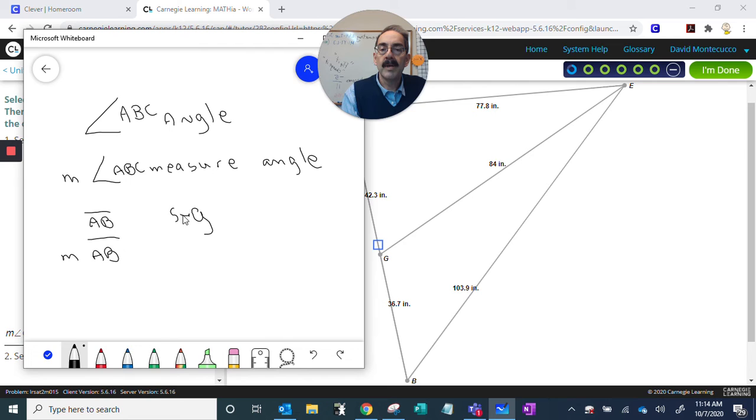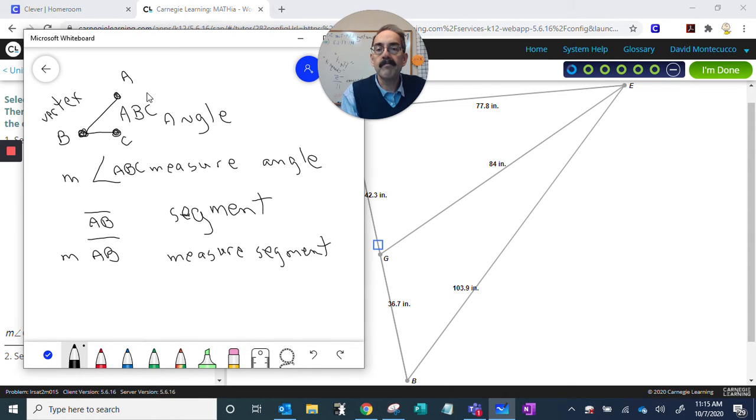Remember, it's all about notation in geometry: segment, and then the measure of that segment. In this case, the middle letter is always the vertex, always the vertex. So just keep that in mind.